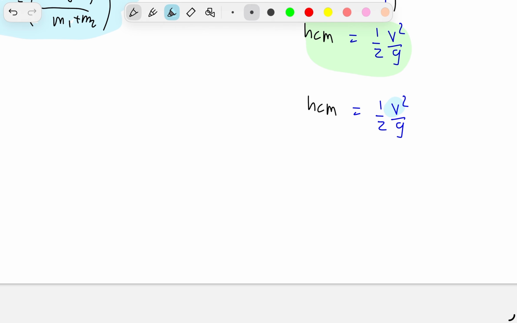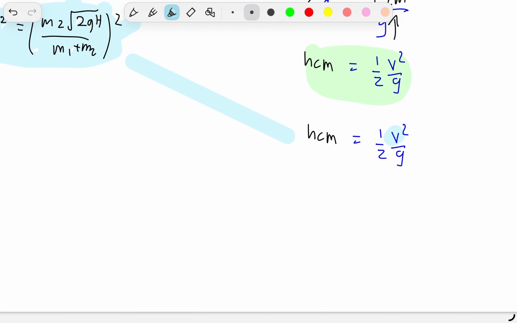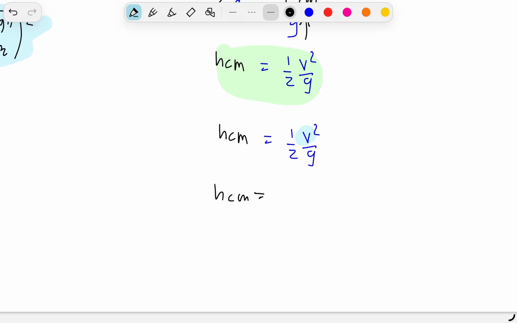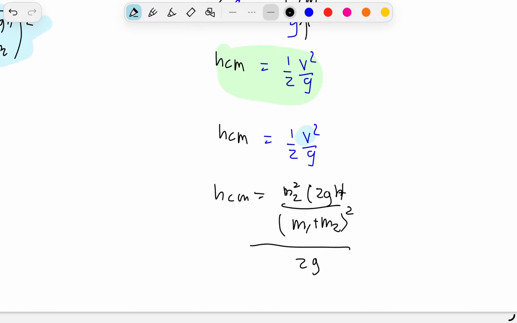So actually you're substituting this equation into this one. So then we have h center of mass is equal to 1/2, or you can just write your v squared because you don't have to write that in one. So that's going to be m2 squared times 2gh divided by m1 plus m2, all that squared, and all of this divided by 2g.